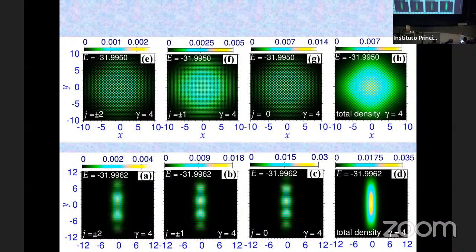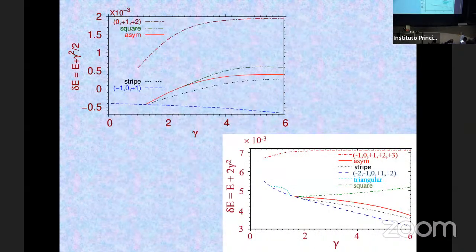Again, there is no stripe here in the total density, but the stripe will appear in this total density as gamma is increased. I didn't show the result. And here is a plot of the energy of different types of states: square lattice, vortex states, asymmetric states, and stripe states.